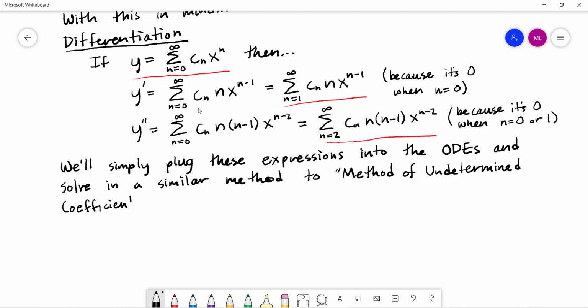Remember, that was for solving for the particular solution of a second order differential equation or higher. This is going to just solve for the general equation, but the approach is going to be very, very similar. So solve in a similar method to that for the various Cn's, so to speak.